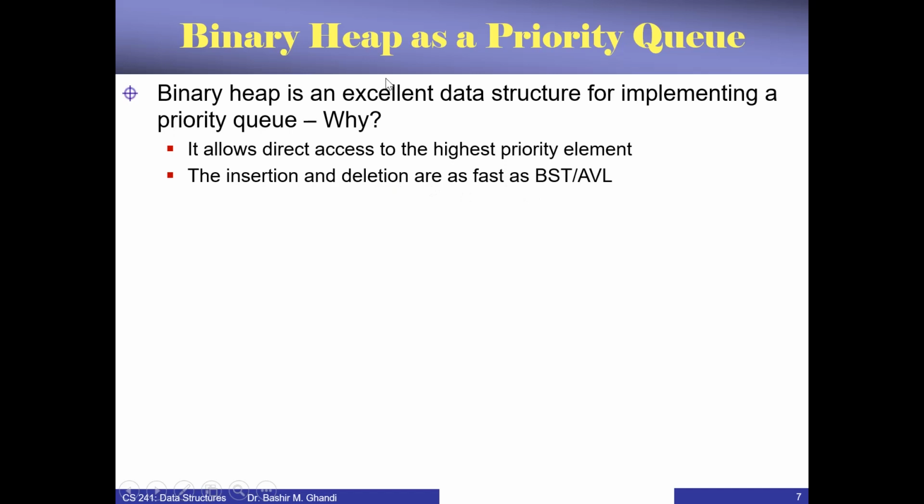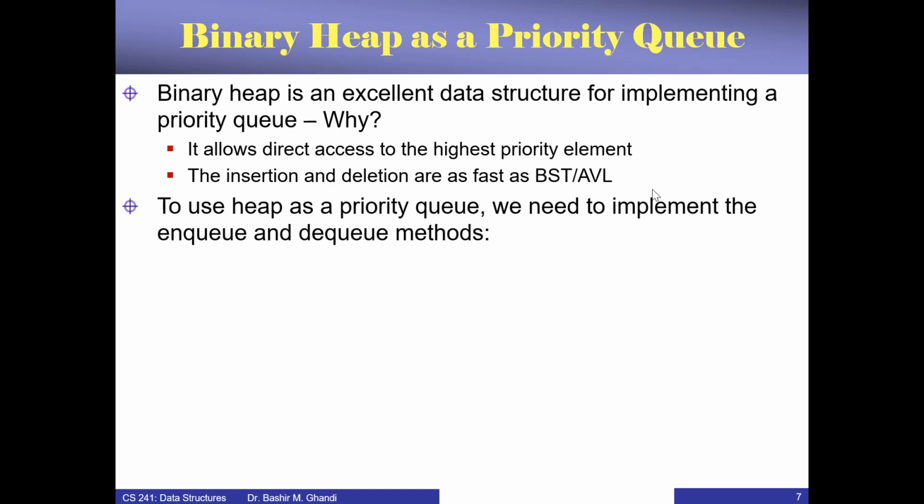So binary heap doesn't give you a worse performance in terms of insertion and deletion, yet it can give you the highest priority element directly. Therefore, overall, it is better to use it to implement priority queue even than using AVL tree, for example, or BST. All right, so this is the reason.